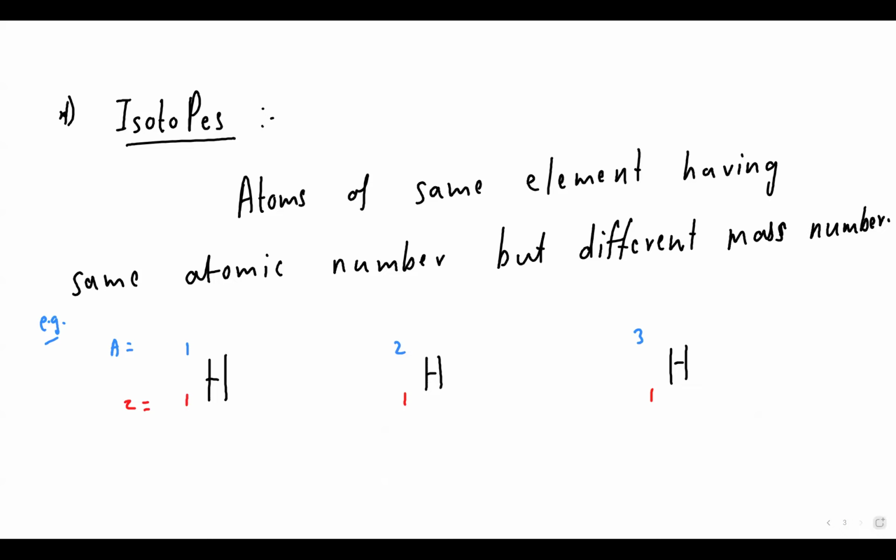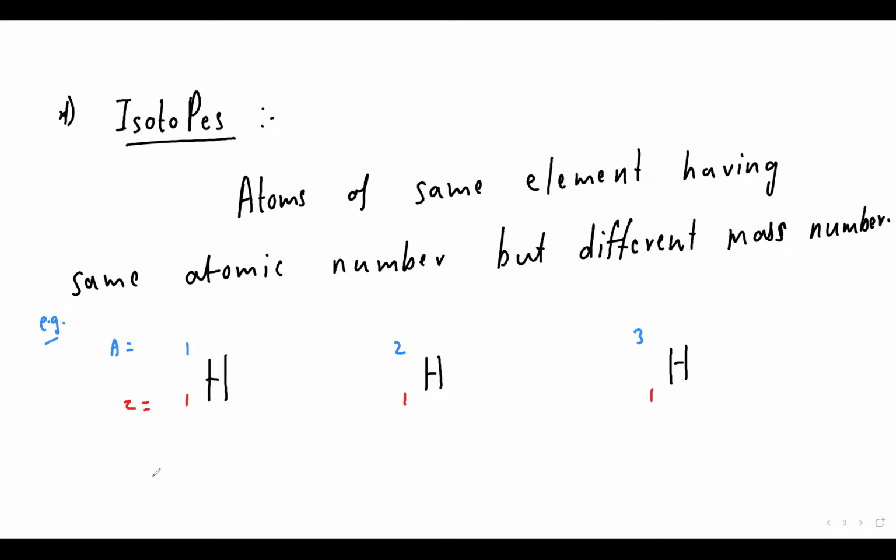The first isotope of hydrogen is protium. This is deuterium. And this is tritium. That is all; these are their names. It is radioactive.